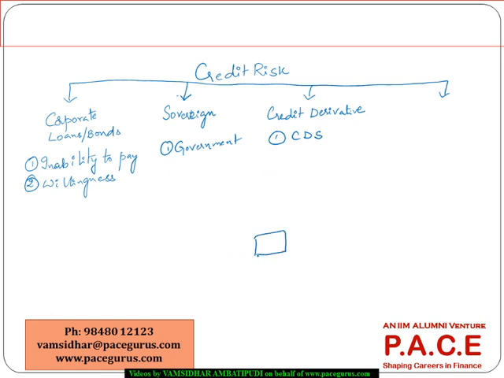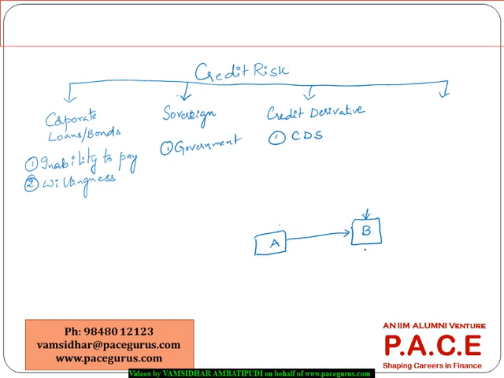Let's say A has borrowed something from B. So there is an obligation for A to pay B, let's say the interest at some regular intervals and principal at the end of some period. Now, B is exposed to a credit risk because A can default on its payments.